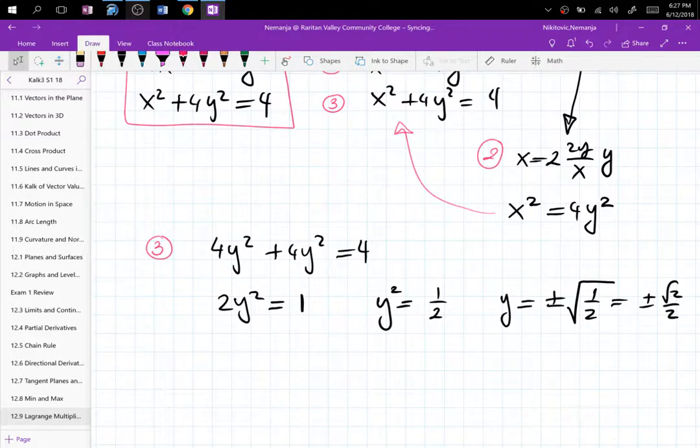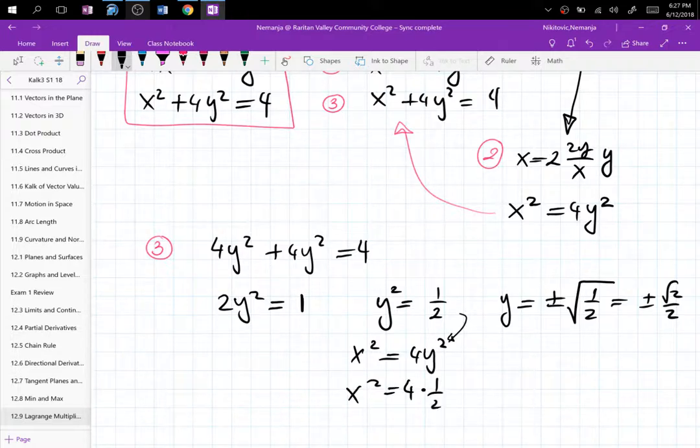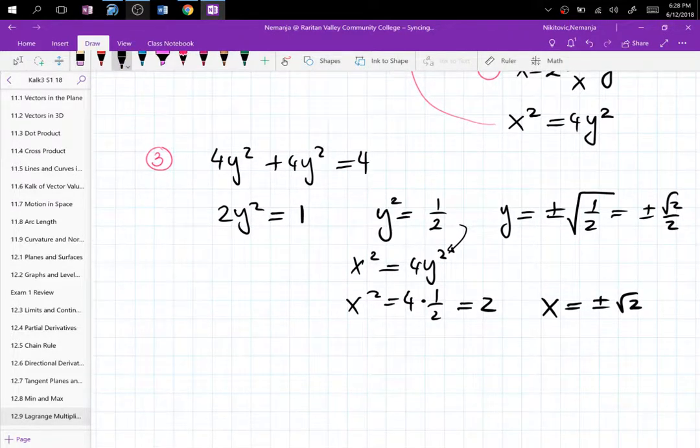Now we take the equation x squared is equal to 4y squared, and we plug this one in. So x squared is equal to 4 times 1/2, which is 2, and x is plus minus root 2. The ellipse has 4 corners, but I calculated the x's that will yield the maximum.